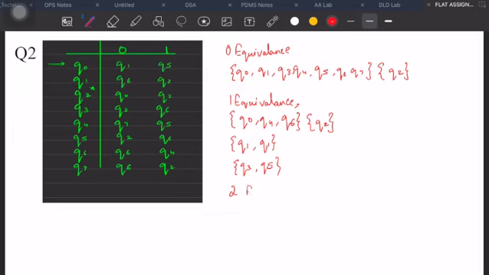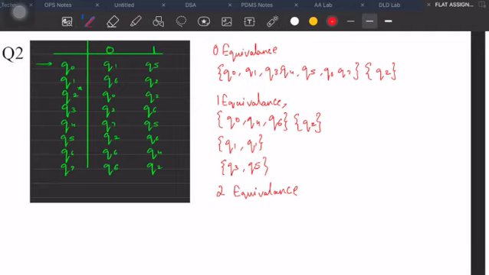Now two equivalence. So in the first group, Q0 and Q4 have all elements in the same state, so they can be left together. And Q6 has elements in different states, so that will form a new group. The remaining elements remain as they are.